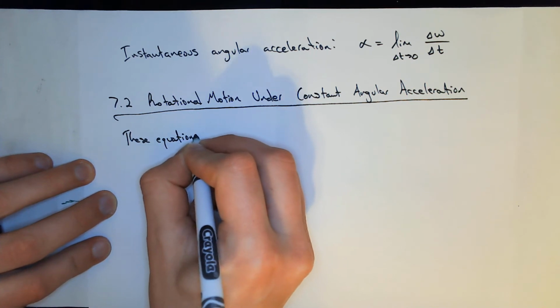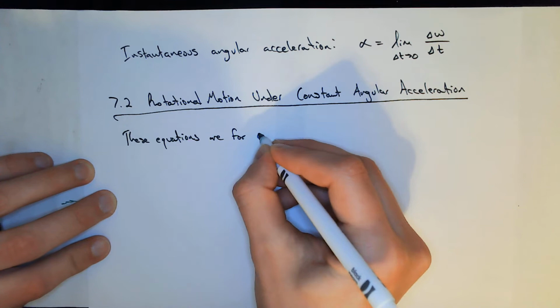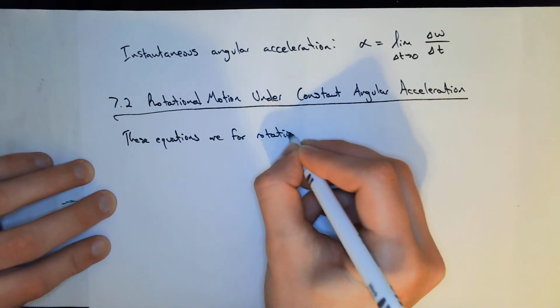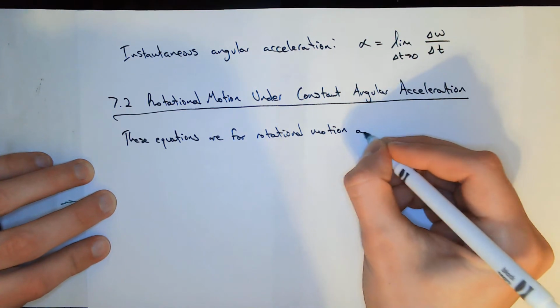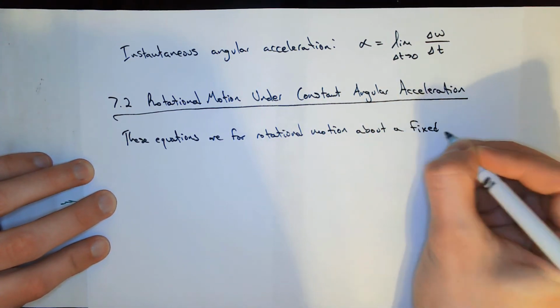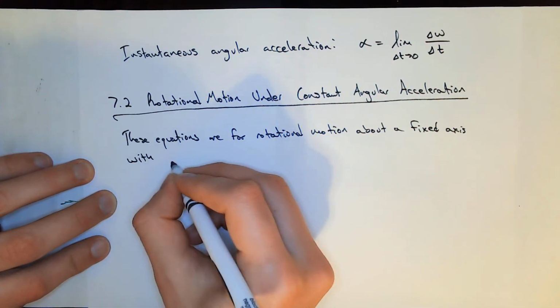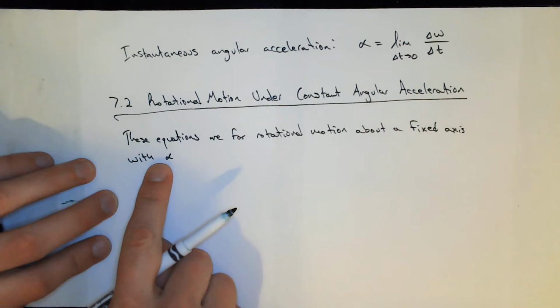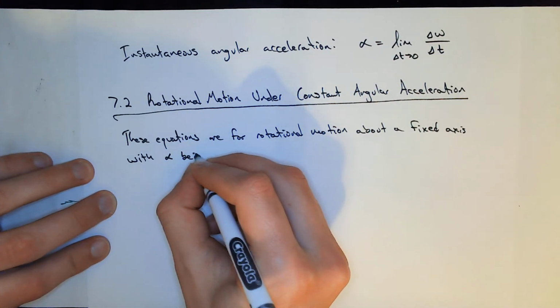So let's write down these conditions: rotational motion about a fixed axis with alpha, the angular acceleration, being constant.